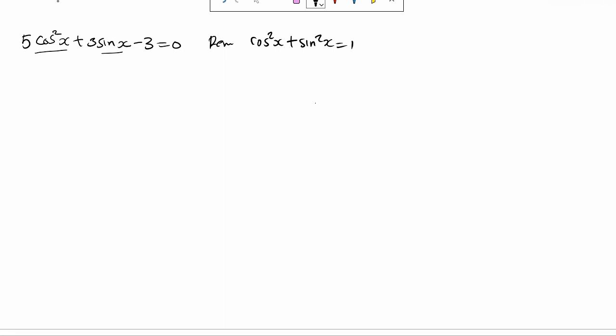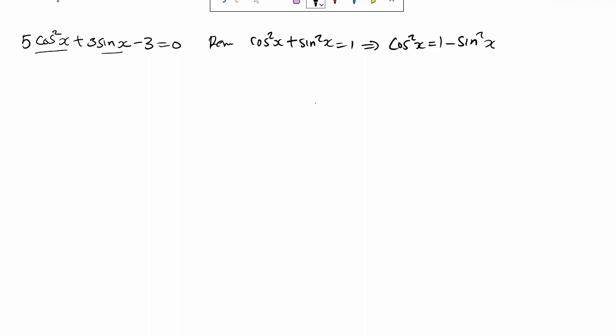And from here we can say that cos squared x equals 1 minus sin squared x. So I shall substitute this value in our equation: 5 times (1 minus sin squared x) plus 3 sin x minus 3 equals 0.